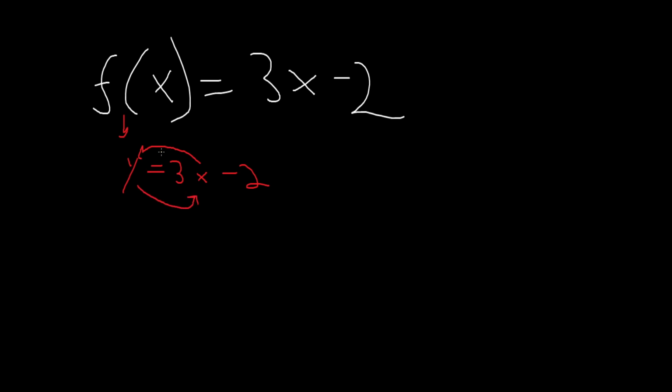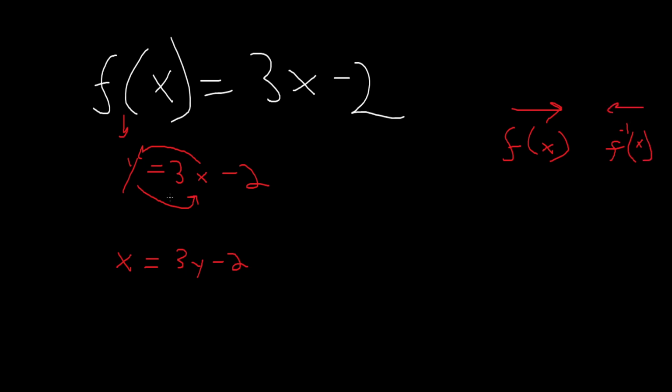So now it'd be x equals 3y minus 2, and we're going to solve for y. The reason we do this is because a function turns x values into y values. Now that we've switched them, we're turning y values into x values. So if f of x is moving forward, f inverse of x is moving backwards.